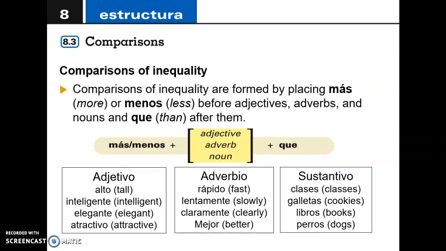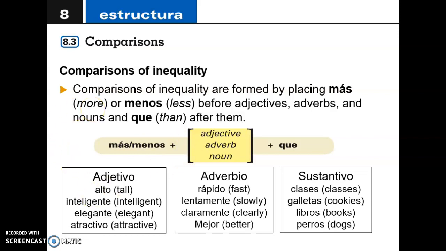In English, you can say more elegant than, or more comfortable than, more expensive than, and we also have a different form for short adjectives. For example, taller than, or faster than, or quicker than. That form does not exist in Spanish. We are only going to use this form.